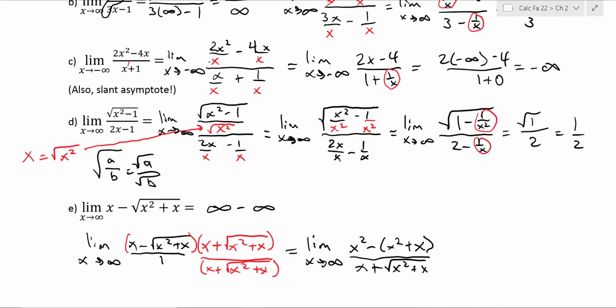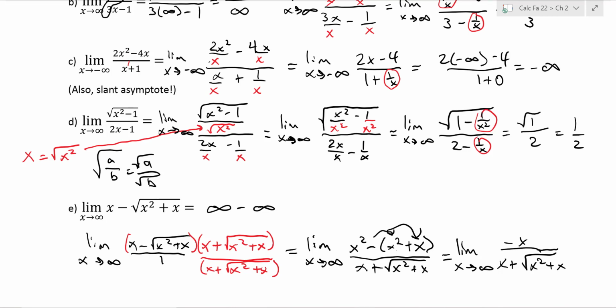All right, and as we work through, we can distribute, and end up with the limit as x approaches infinity of minus x over x plus the square root of x squared plus x.